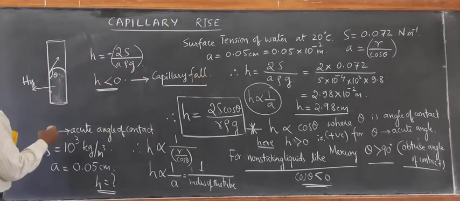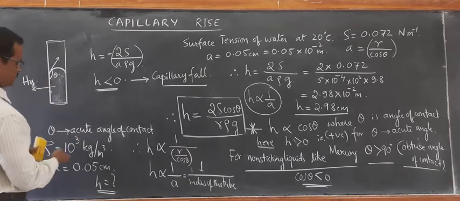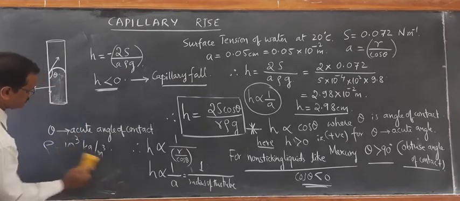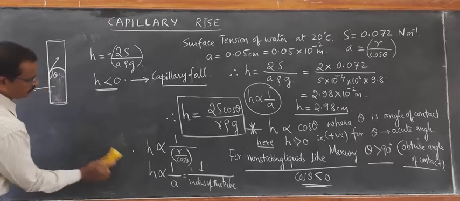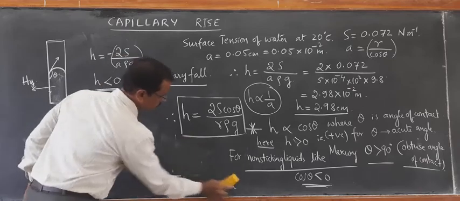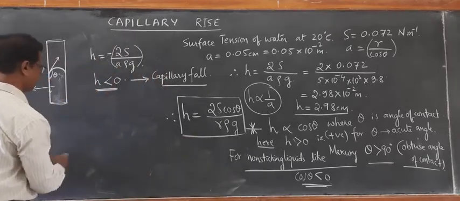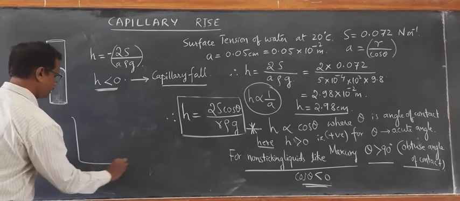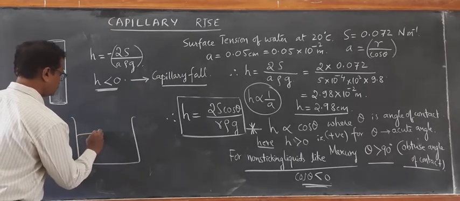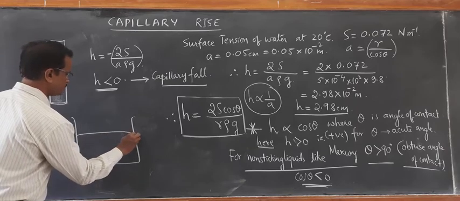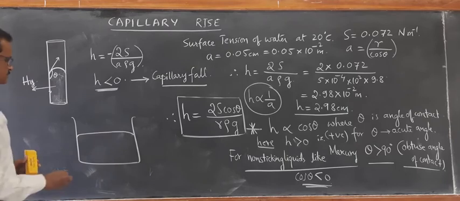If you take such a capillary tube inside mercury, an interesting thing takes place. Suppose this is a mercury trough. So mercury trough will have a convex surface.